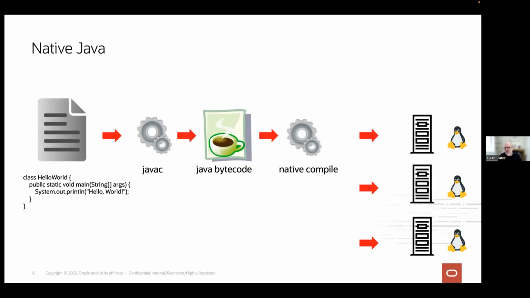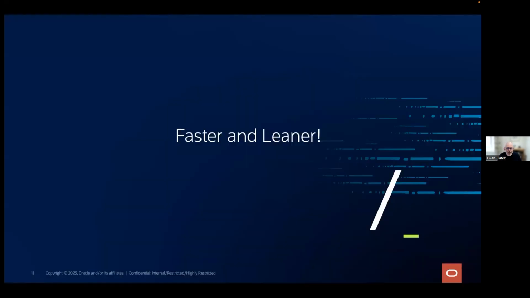But it's nicer with the tooling that you just do it as a single command. And the net result of this is that we get a runtime artifact that is faster and leaner than the compiled Java code, whether it be just class files or a jar file that we had before.